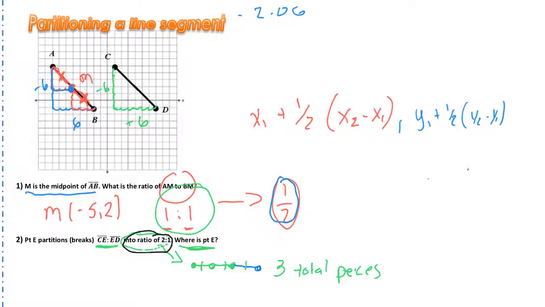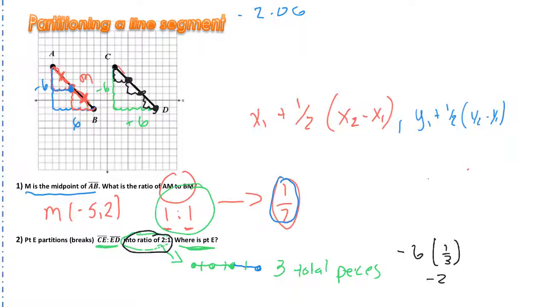So instead of taking the -6 and dividing by 2 or times a half, I'm going to do a third of it. I want 3 pieces. So instead of down 6, I want to go down 2. Down 1, 2. And then I'm going to go right 2. There's a point. Down 1, 2. Right 1, 2. Down 1, 2. Right 1, 2. So now you see I have 3 pieces on this line.